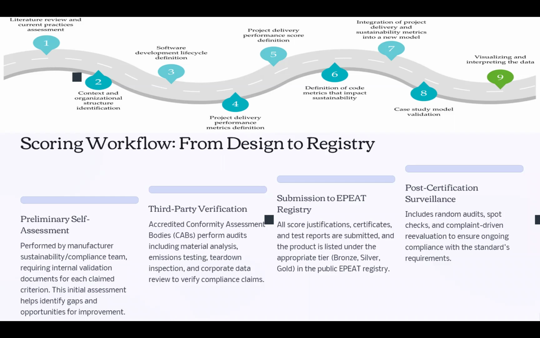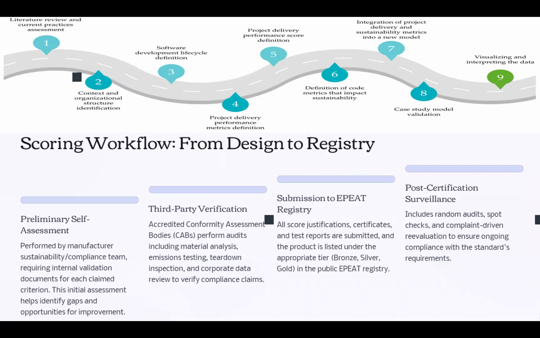These audits are thorough, so they include material verification, emission testing, teardown inspections, and corporate policy review. Once the audit is passed, all supporting documents like test reports, certificates, and score calculations are submitted to the EPEAT registry. EPEAT is a public online database where certified products are listed. Anyone can look them up by brand, category, or certification level.